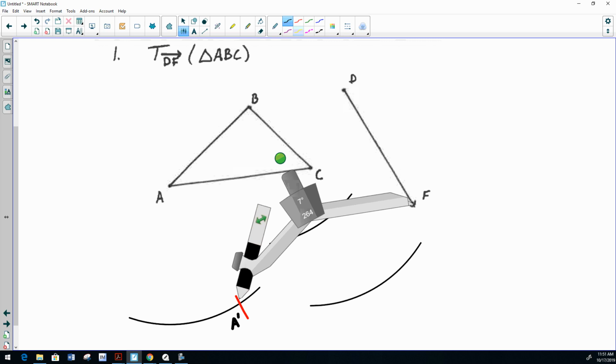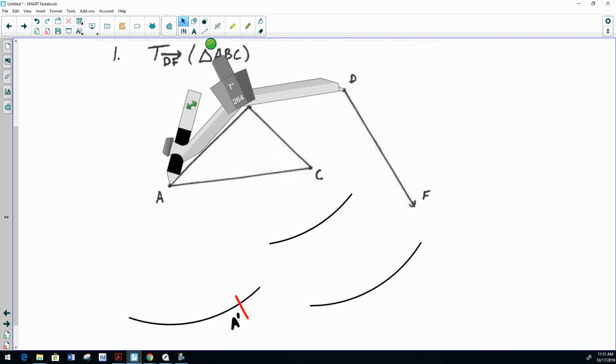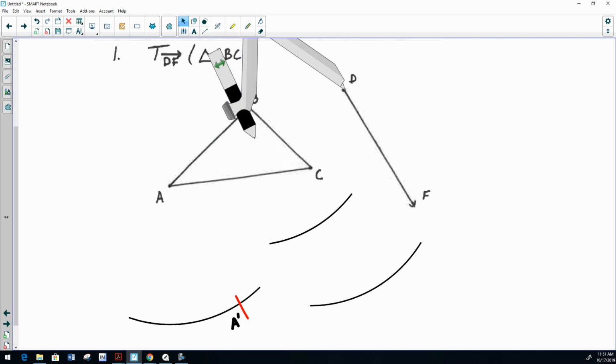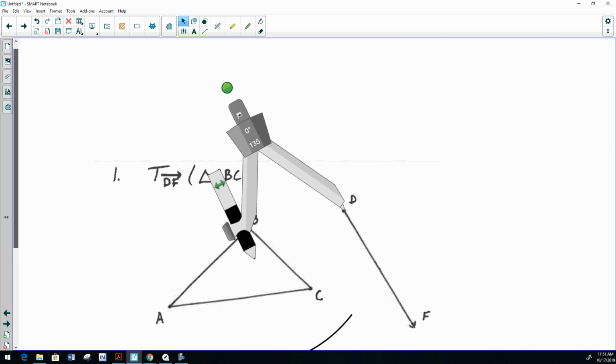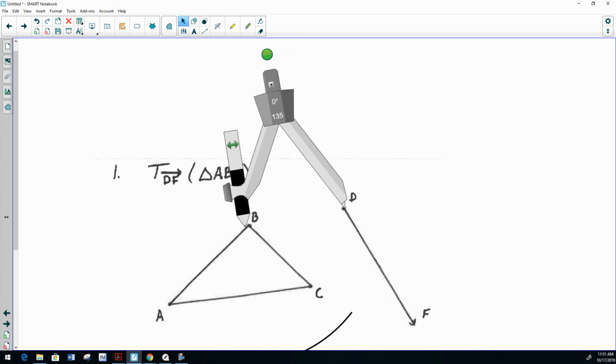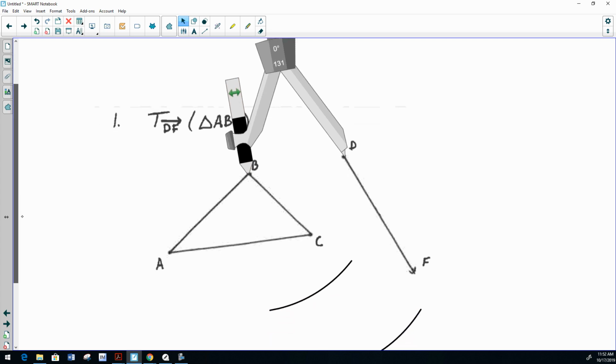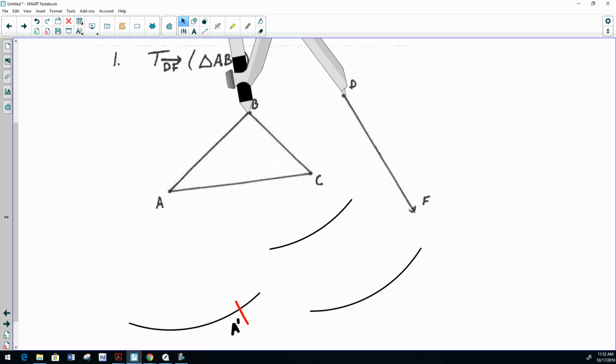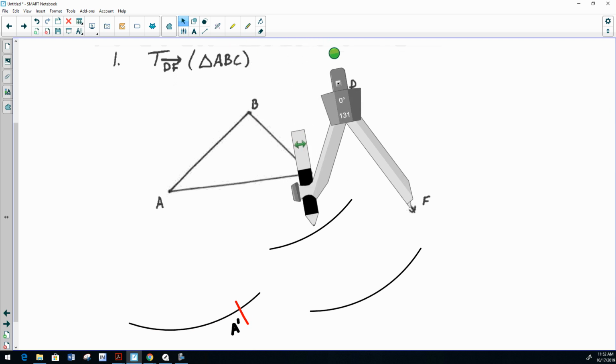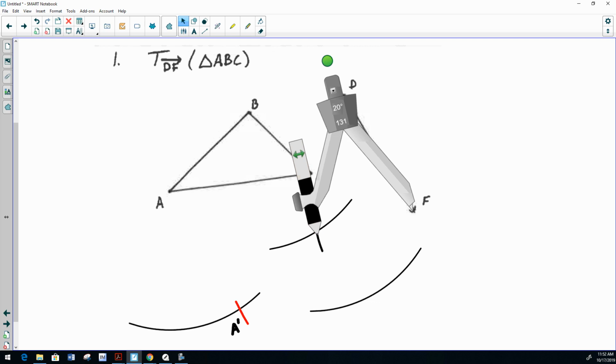You can probably predict the next step. I'm going to measure B. Well, I have to measure from B to D and then slide it down. That's the only way I can get the right location. So once I measure this one, I'm going to slide it down again and mark that off, and that tells me the location of B prime. And repeat the process.